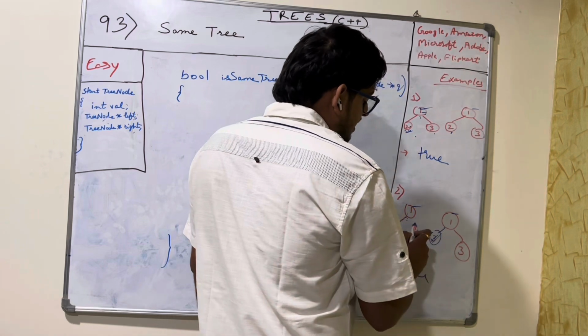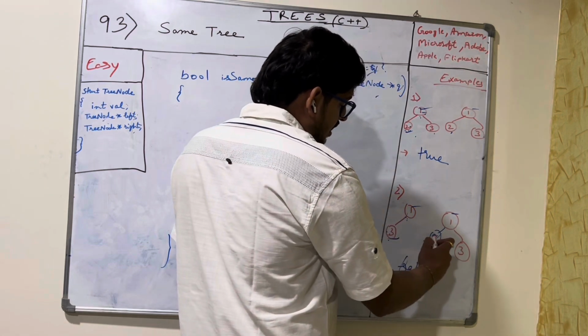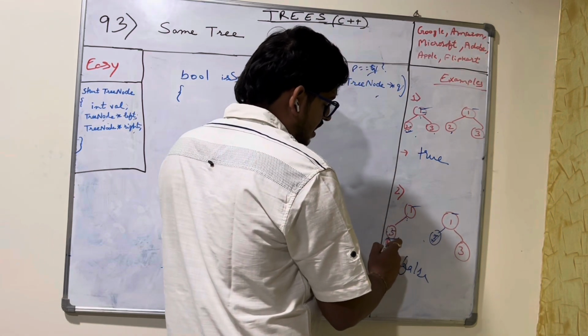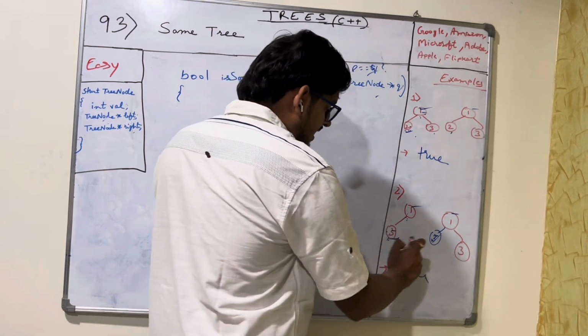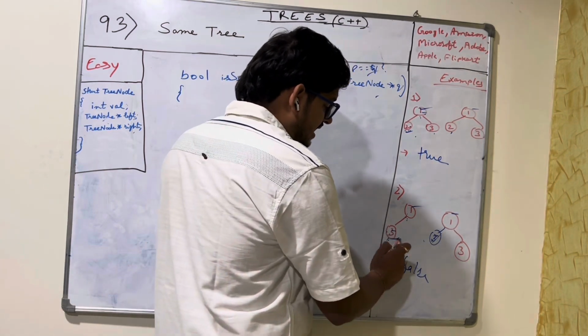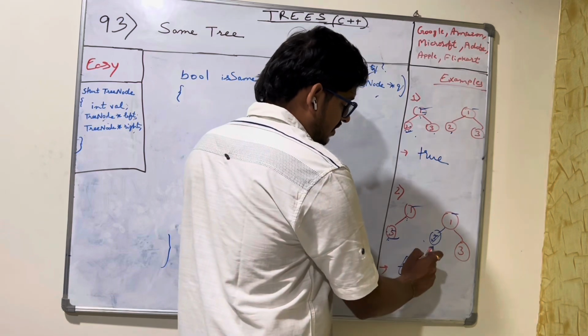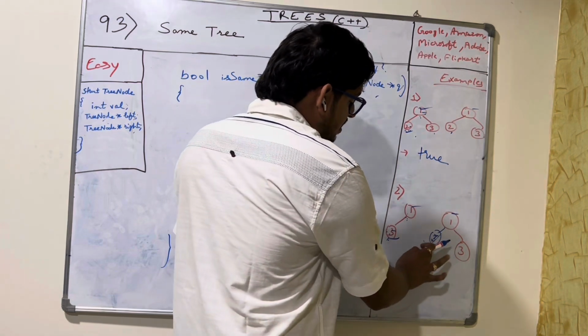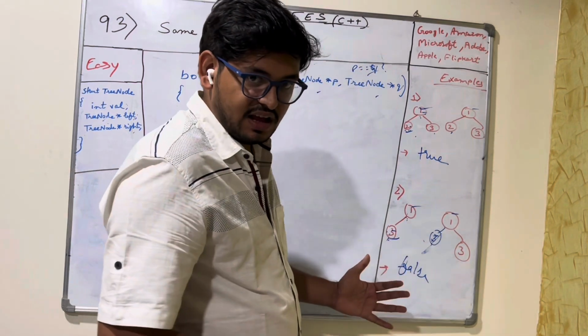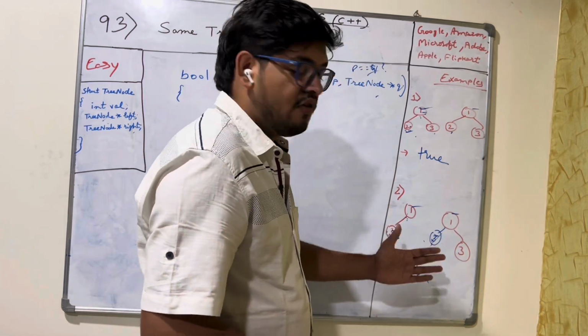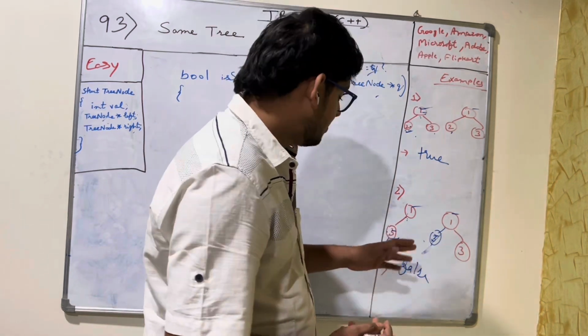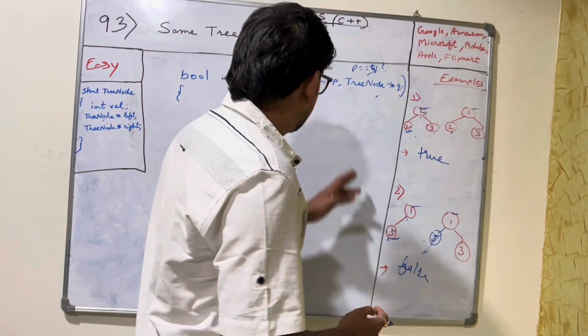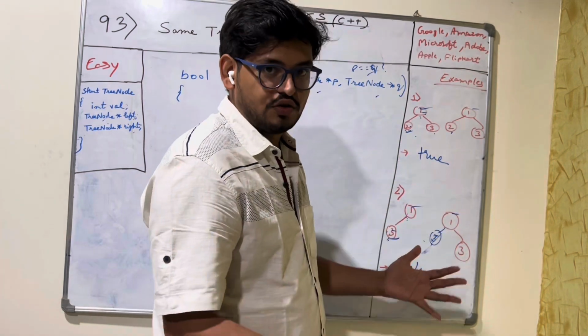Okay, then this is true, then we would have gone to this left part. It doesn't have anything left. Here it doesn't have anything right as well. So same goes for here. So when the node doesn't have any value, it is null. That would be our base case: if the root is null, if P and Q are both null, then we return true.